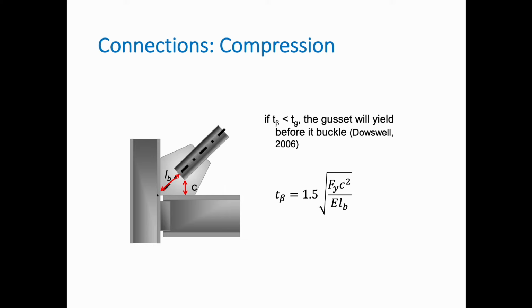There is a quick way of designing gusset plates, like this rule from Dowswell, that says if the thickness of the gusset plate is bigger than this parameter, T beta, then it's safe and you will not get any failure of the gusset plate. In this parameter you can see the distance C and the LB, and of course Fy and Young's modulus. So, a quick way to design a gusset plate.